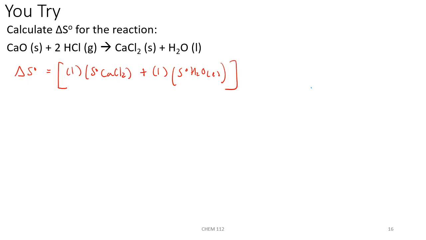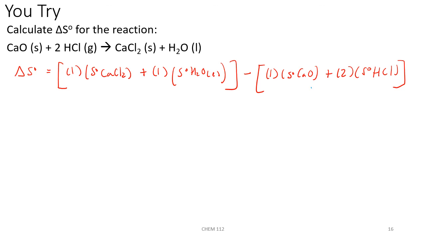That would be the sum of our products minus the sum of our reactants. We're going to have 1 mole times the standard molar entropy for our calcium oxide plus 2 times the standard molar entropy for our gaseous HCl. That would represent the sum of our reactants.